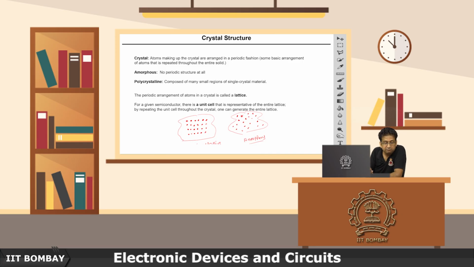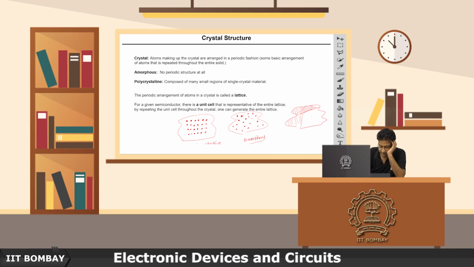And the third is polycrystalline, where you have crystal nature but over a limited area, and then this is something else, then this is something else. So crystalline nature is there, but different crystals are there.